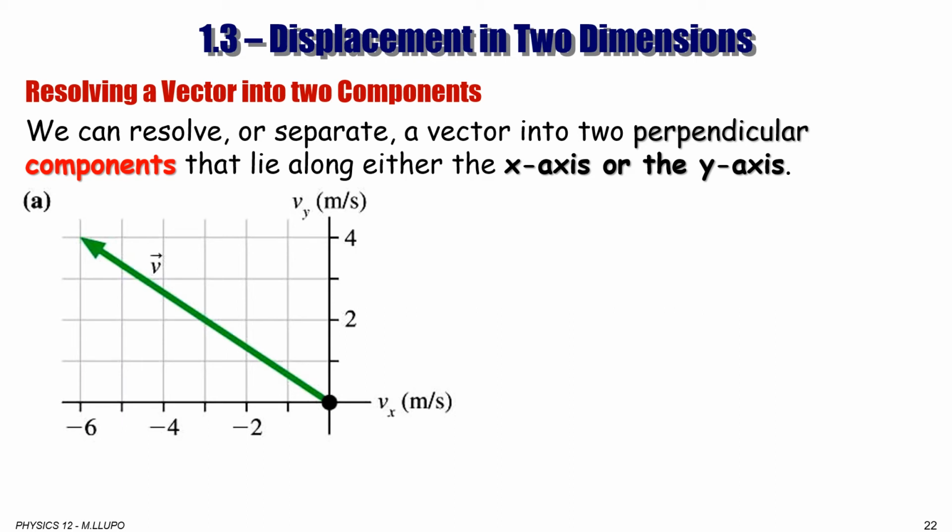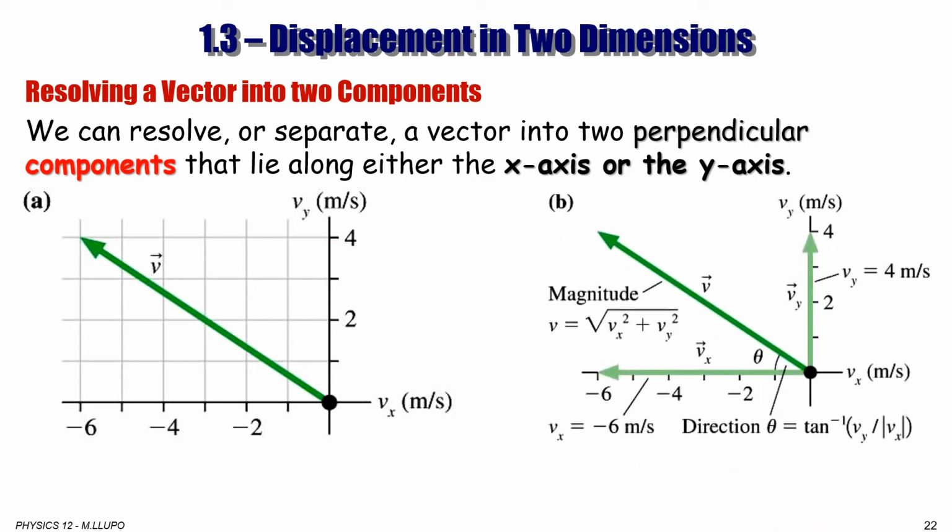So the x component of that vector is -6, because that is the direction of the x component, and +4, because that is the direction of the y component.